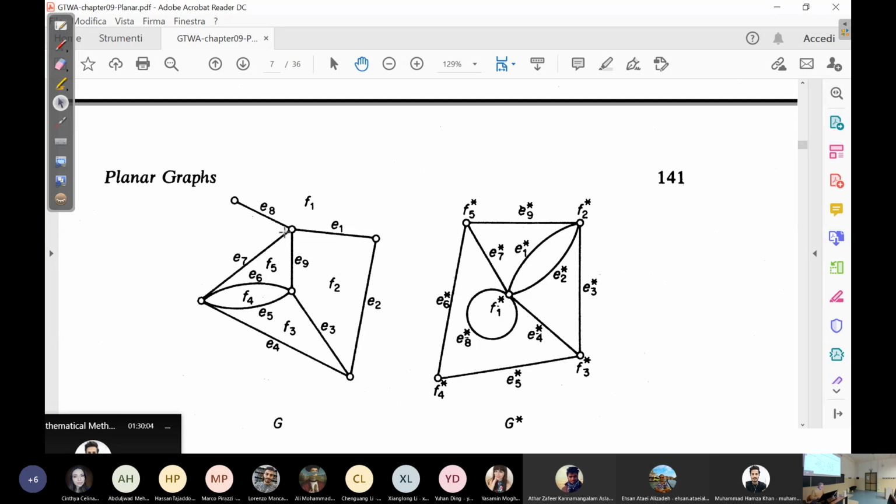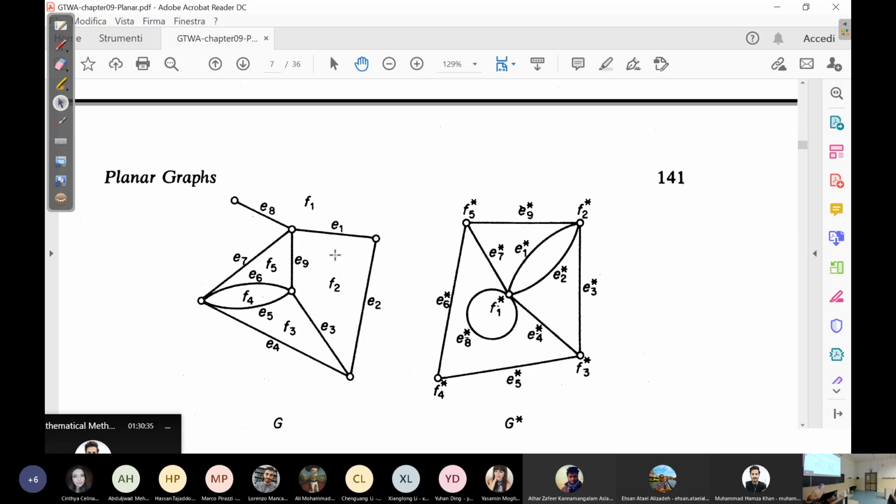So F1 is adjacent to itself through E8, and so vertex F1 star is adjacent to itself through E8 star, which here is a loop. You have a loop for each cut edge in the original plane graph.